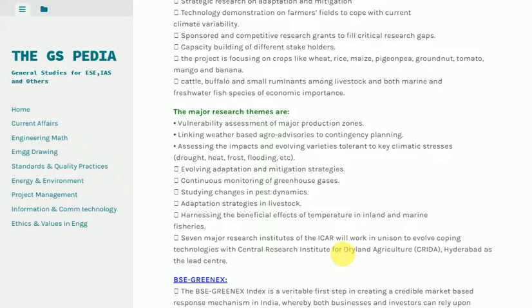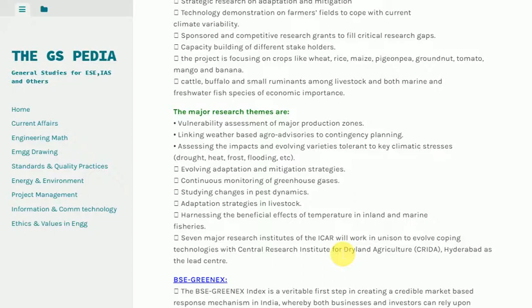Trade Carbon X Rating Services Private Limited is a company based in India, which has co-developed the BSE GreenEx Index in close association with the BSE.